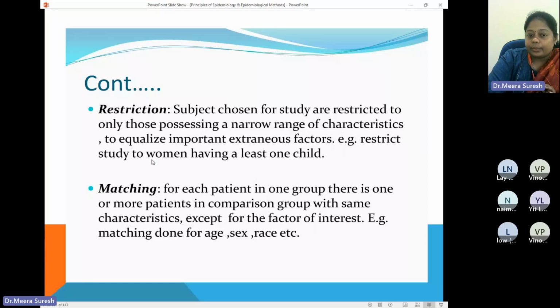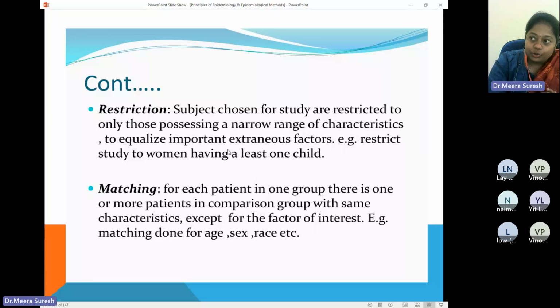Like restrict the study to women having at least one child, which means a lot of unmarried people will be excluded from that study. This has a problem. It can avoid confounding, and that means your internal validity is increased, but your external validity will be affected. Whatever report you got from this, you can't apply it to the general population.